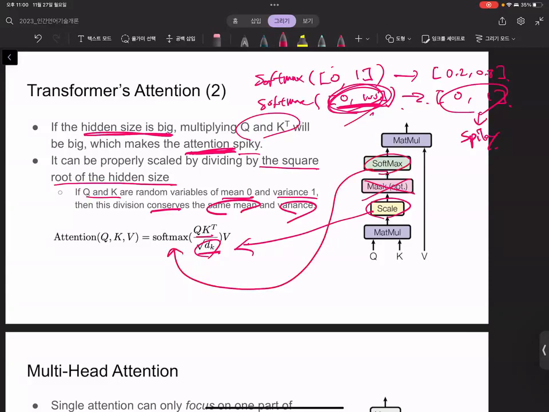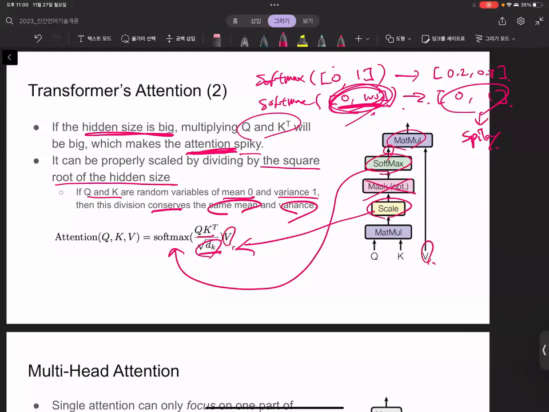And then we take matrix multiplication between this output and V. Okay. So this is the attention QKV.